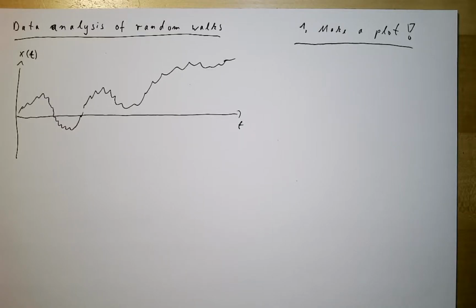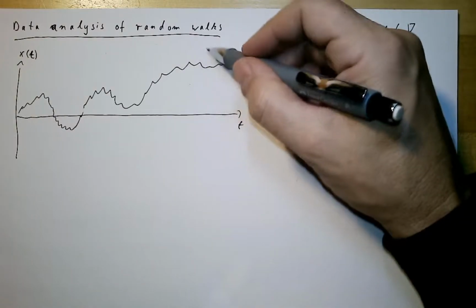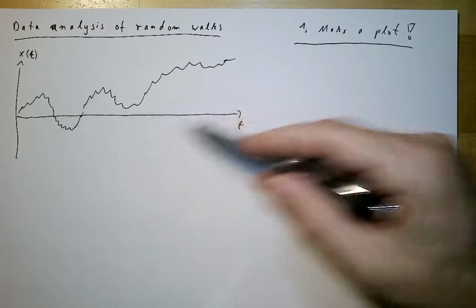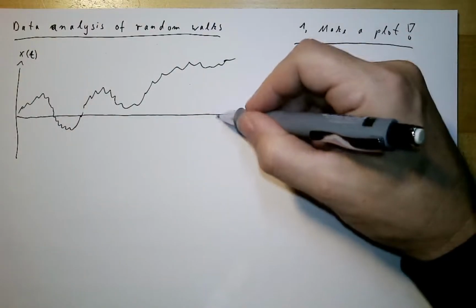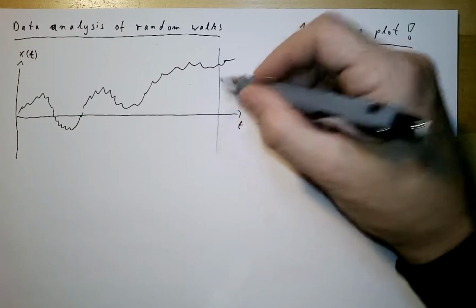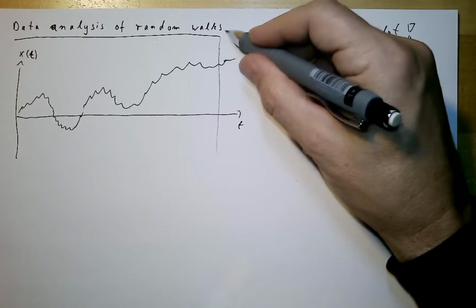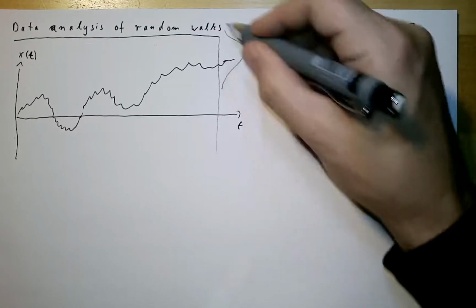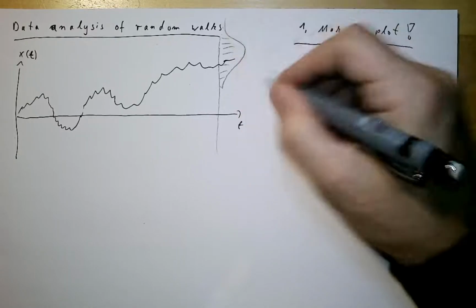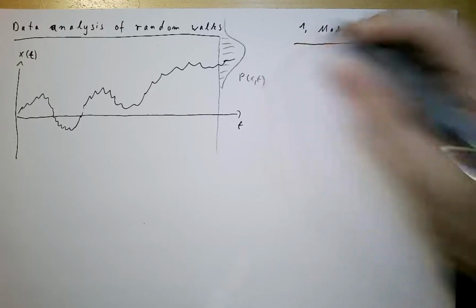The most complete information of course would be if at every time point I have not only one realization but many of them, and then I can take a time point here, make a line through this, have all the realizations, and then obtain the probability distribution, and maybe it would look like this. And so we would see, oh, we have here p of x and t.